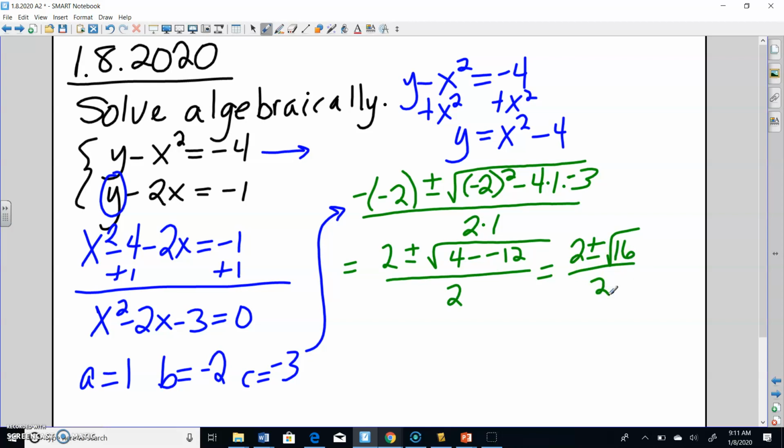And the square root of 16 is 4. So I have 2 plus or minus 4 over 2. So my 2 x values are going to come from adding 4 and dividing by 2, and then subtracting 4 and dividing by 2. So x will equal 2 plus 4 over 2, and 2 minus 4 over 2.